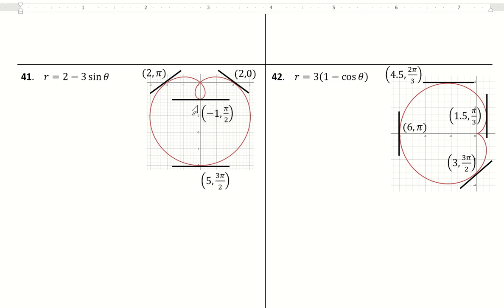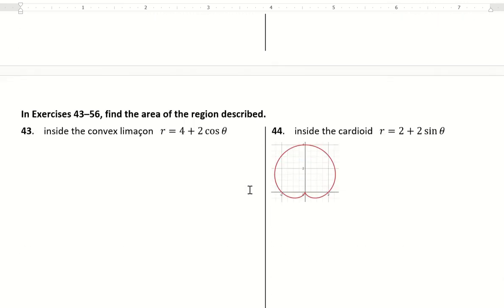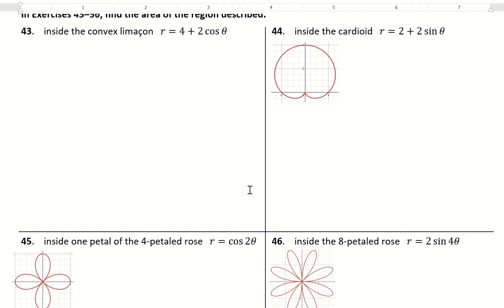I think that's common sense. Whatever the slope is at 2 comma 0, won't the other one just be the opposite of it, the positive version of the negative version? Anyway, think a little smarter, not harder.